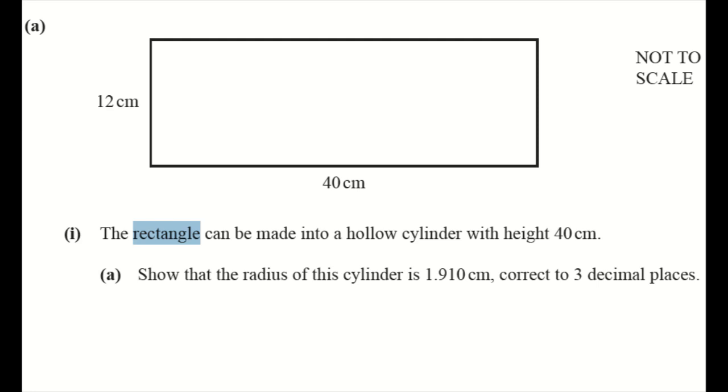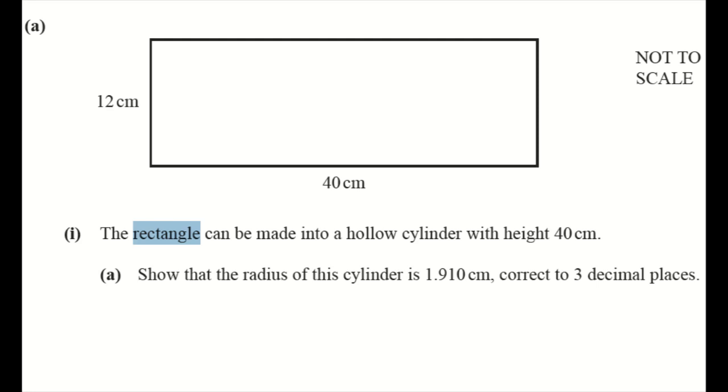So here the strategy is that we need to have a mental calculation. We need to be able to imagine or visualize the problem here. Okay, and then we move to the next question for part II.